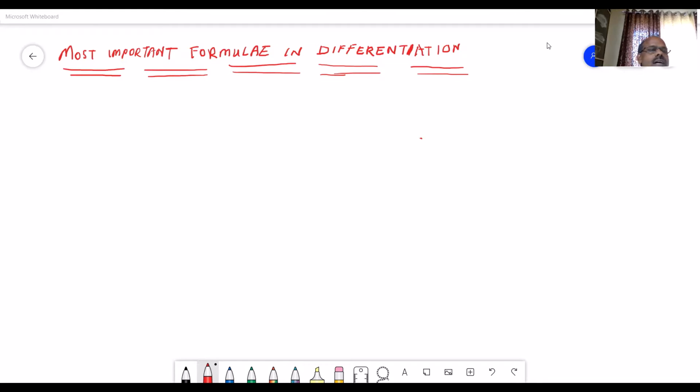As we have done in earlier algebra videos that you were watching continuously, you could remember the formulas easily during the time of examination also. We will follow the same approach for the topic of differentiation.